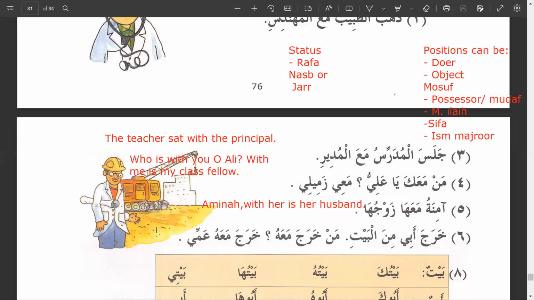Now next one. Kharaja abi minal baiti. Let me write, starting from here. Kharaja abi. Abi means my father. Abu means father, and ya is for me or my. So kharaja abi, my father.